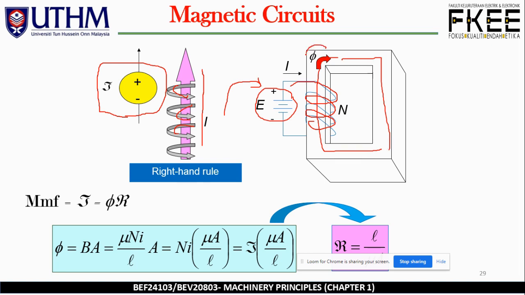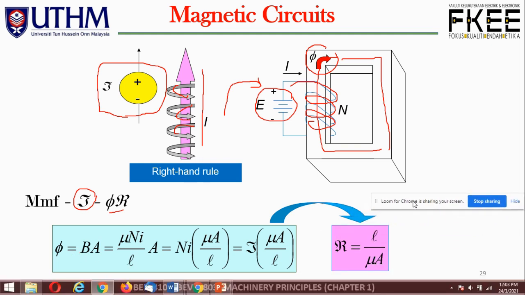So we have flux flowing inside, and we have the MMF, where F is equal to phi R. So we have the flux and the reluctance, and due to that we have a relationship for the flux, phi equal to BA, and again B equal to this.